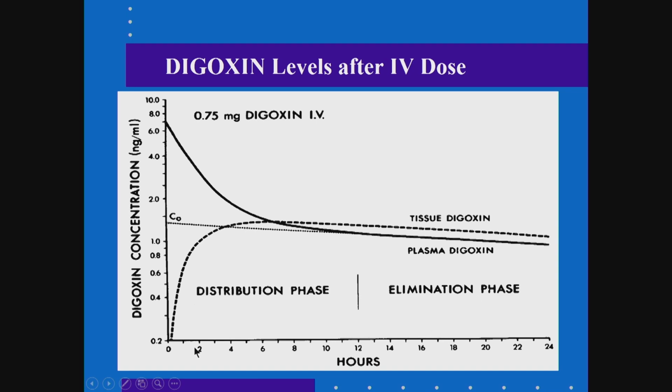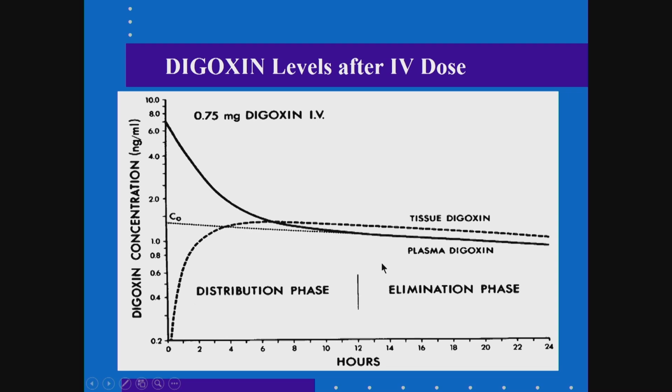Now, the modeling here is plotting the tissue concentrations of digoxin over time, and we see that those tissue concentrations of digoxin rise as the plasma concentrations of digoxin are declining.